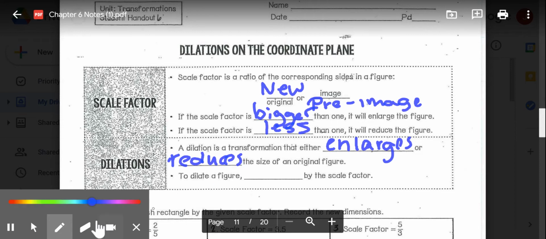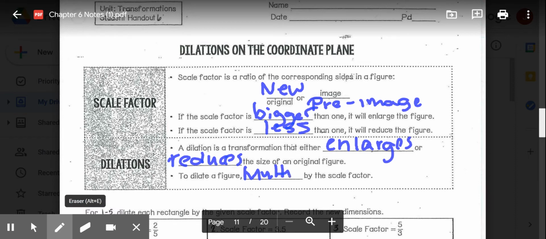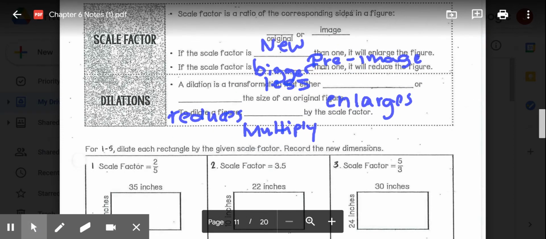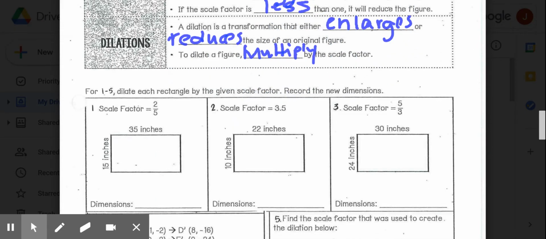It's not changing the way that it's facing or the orientation of its vertices. It's just changing its size. To dilate a figure, we just multiply by the scale factor. So when we make dilations, we will be multiplying the original lengths or the original coordinates by the scale factor to find our new image.